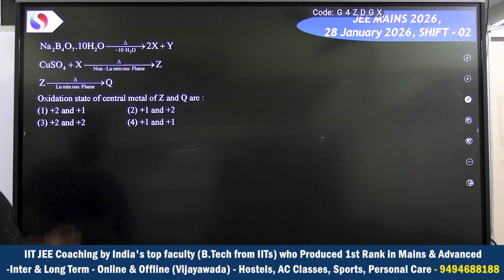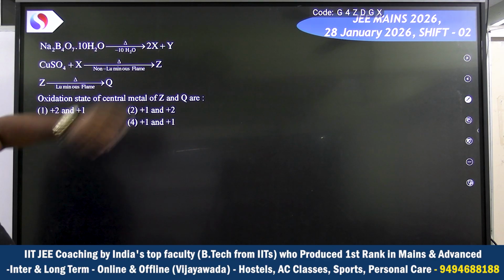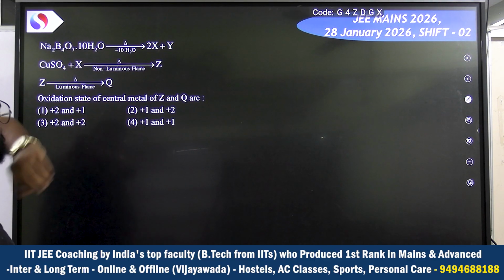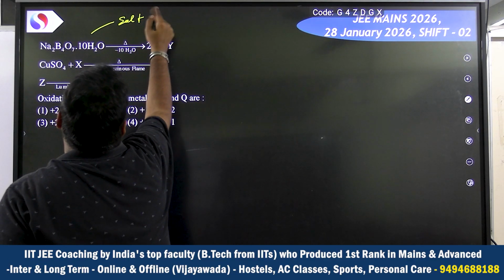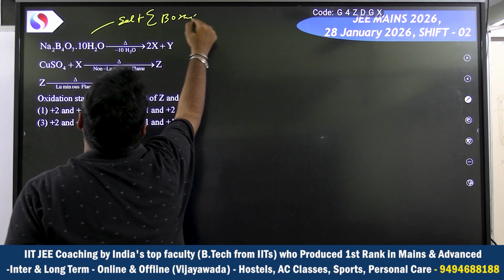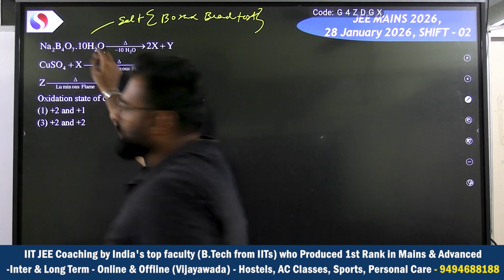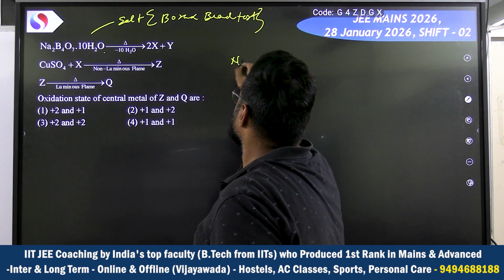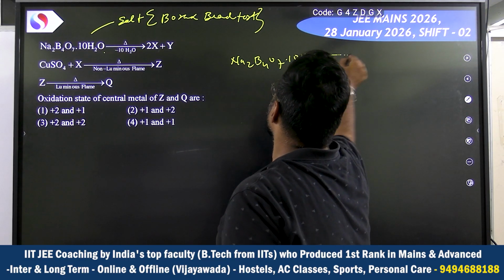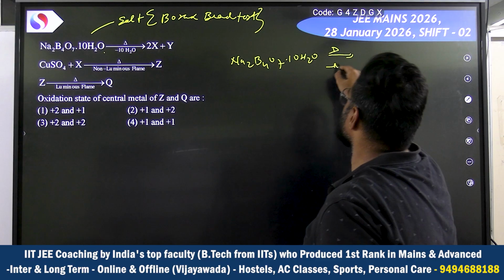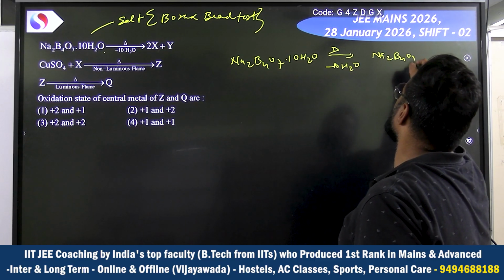Na2B4O7.10H2O on heating gives X plus Y, X with cobalt gives non-luminous flame, luminous flame. The oxidation state of central metal for Z and Q. Salt analysis, borax bead test. In borax bead test, if you heat Na2B4O7.10H2O, what is removed? 10H2O is removed, so it will be Na2B4O7.